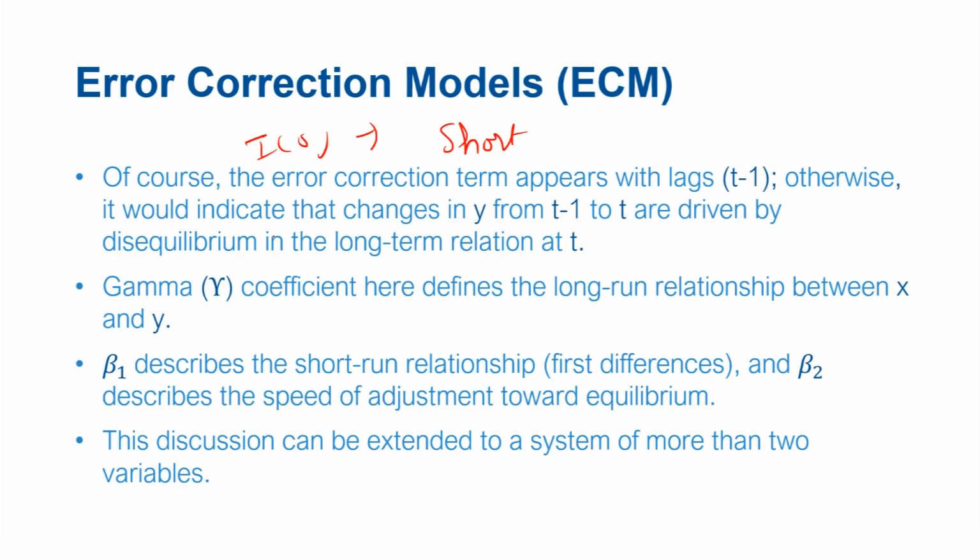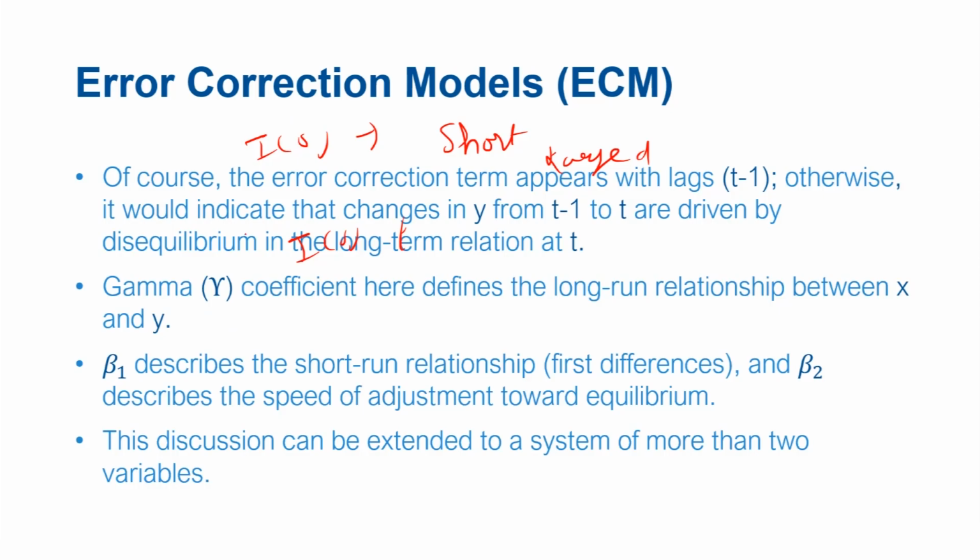So only if a system of variables is cointegrated, there exists a modeling approach called error correction models, where we use a combination of first differences, or change levels, I0s, plus the long-term relationship which is cointegrated, in the form of lagged variables, and combine them to get a family of models called error correction models.